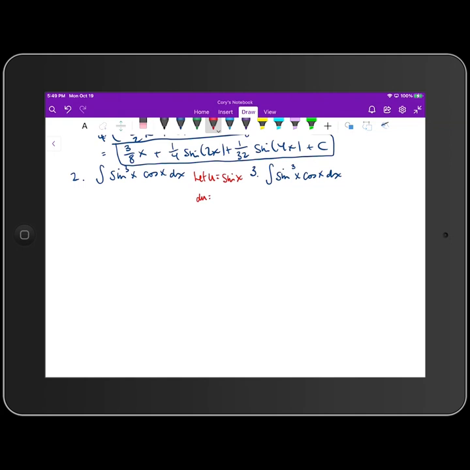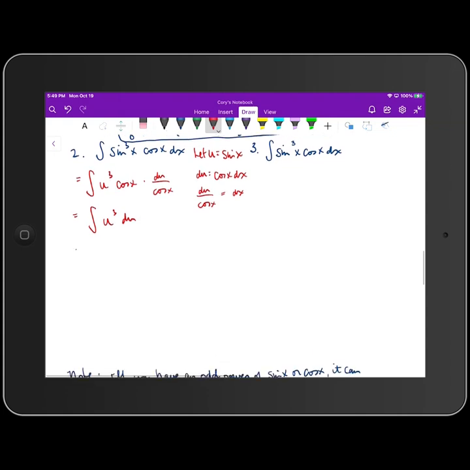The derivative of sine is cosine of x dx, which makes dx equal to du over the cosine of x. So we can rewrite this as the integral of u cubed times cosine, and we're replacing dx with du over cosine. So this becomes the integral of u cubed du.